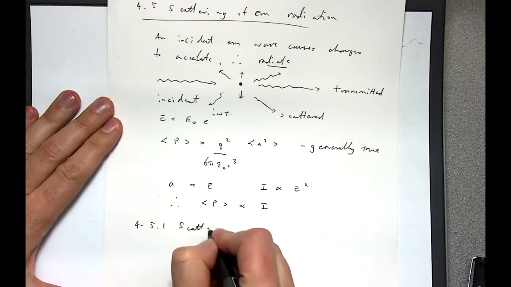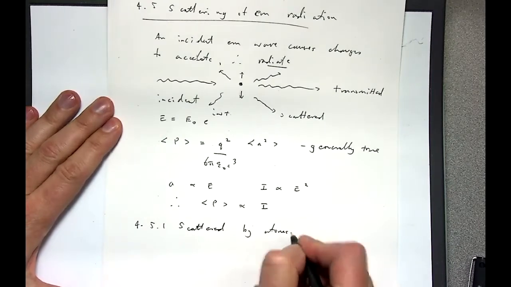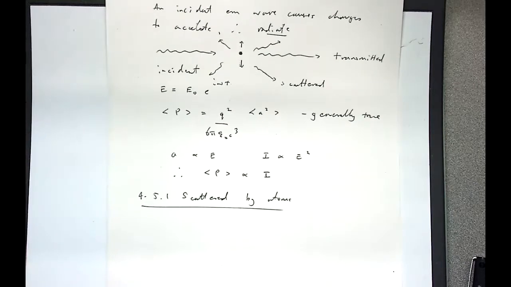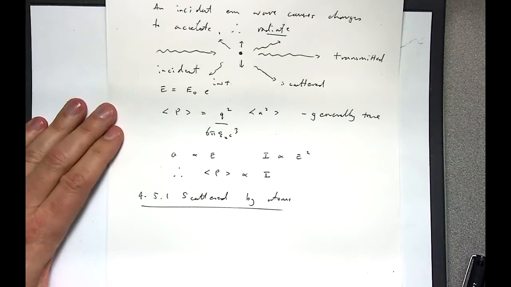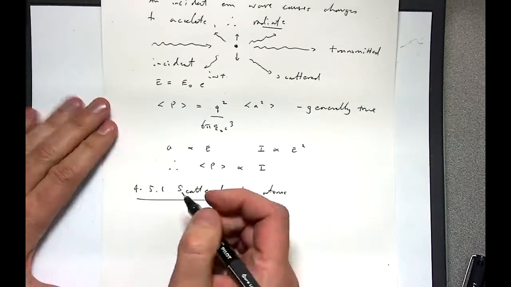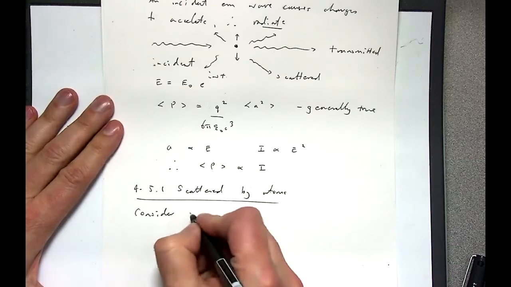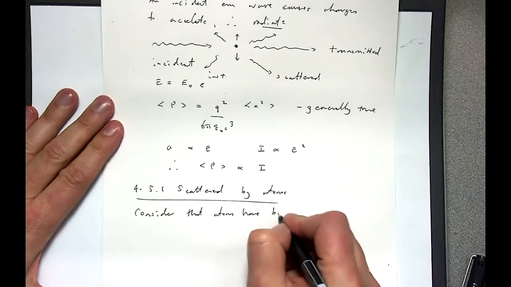So let's look back at our atoms. We're going to start by looking at atoms as we did before. This is one of the reasons for going through that derivation for the change in light passage when you pass through a dielectric. So remember what we did before. We consider that atoms have bound electrons.